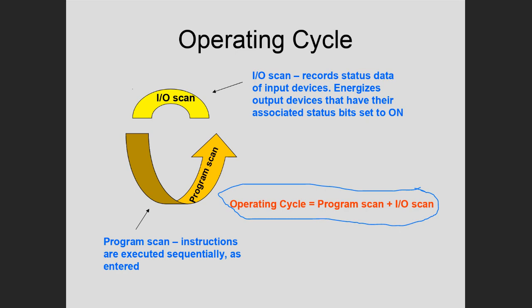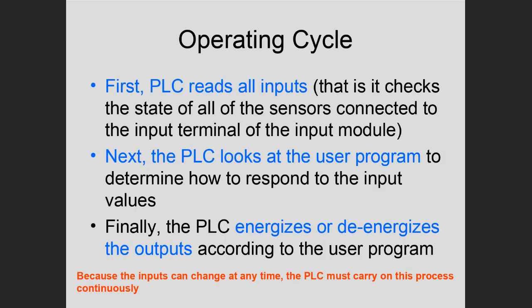Now here is kind of just the way this happens. First we're going to read the inputs, the physical inputs of the switches or sensors connected to the input module. And then it looks at your program, and depending on how you wrote the program, when the program scans, if there's logic continuity, then the output image table will be updated with a 1.